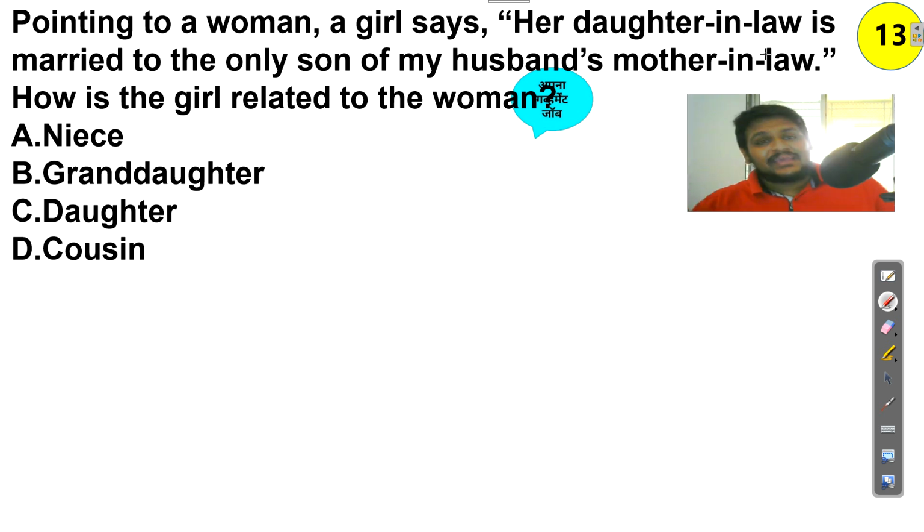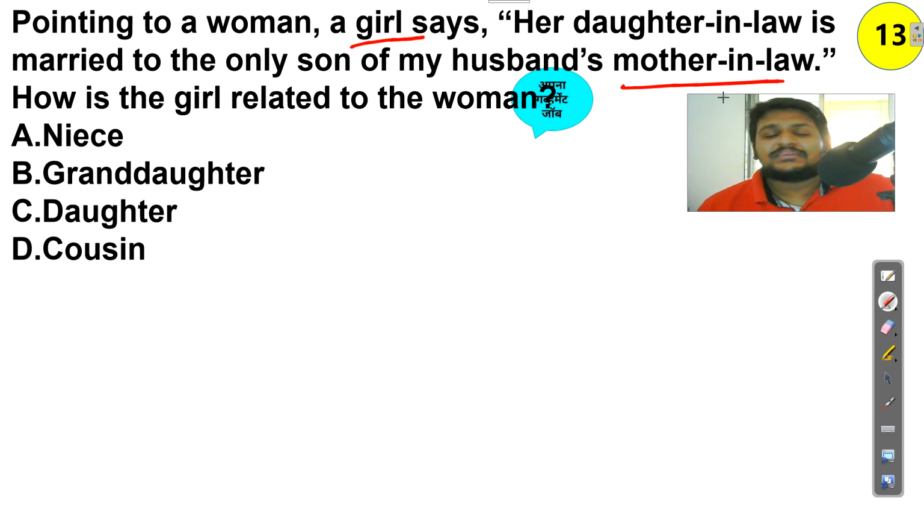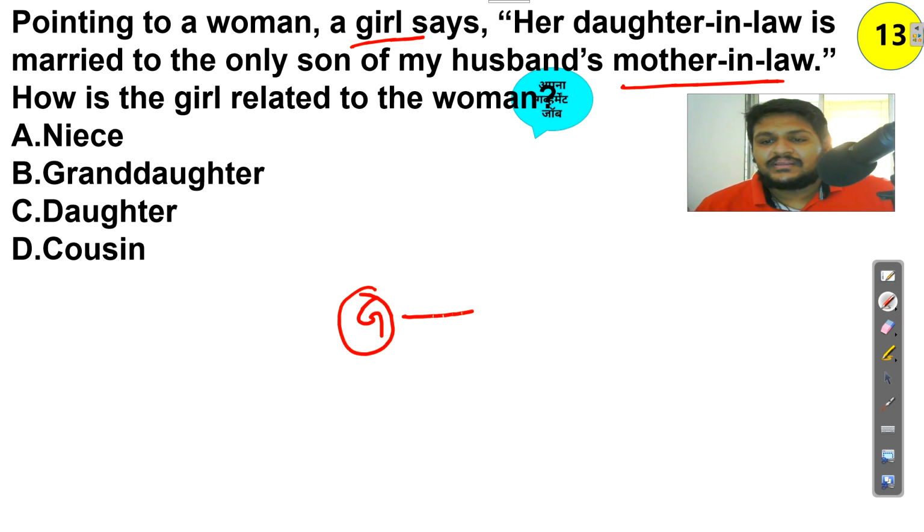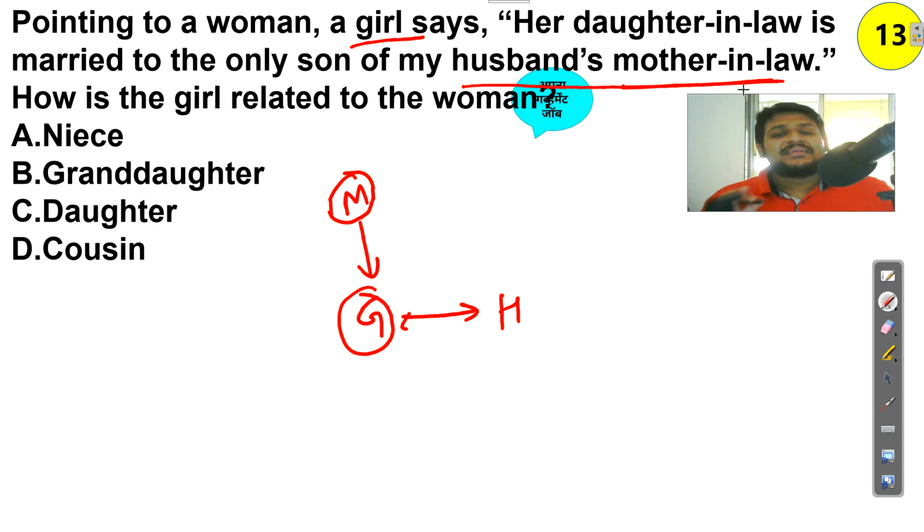Now the girl is speaking, so you can put yourself in place of this girl and visualize things. The girl is married to the husband, and the husband's mother-in-law means the girl's mother. Simple, the girl's mother.